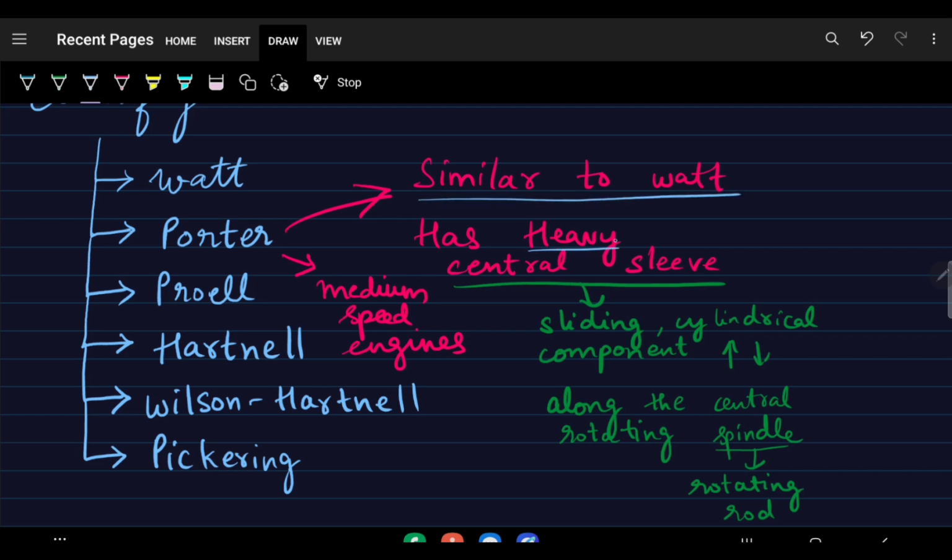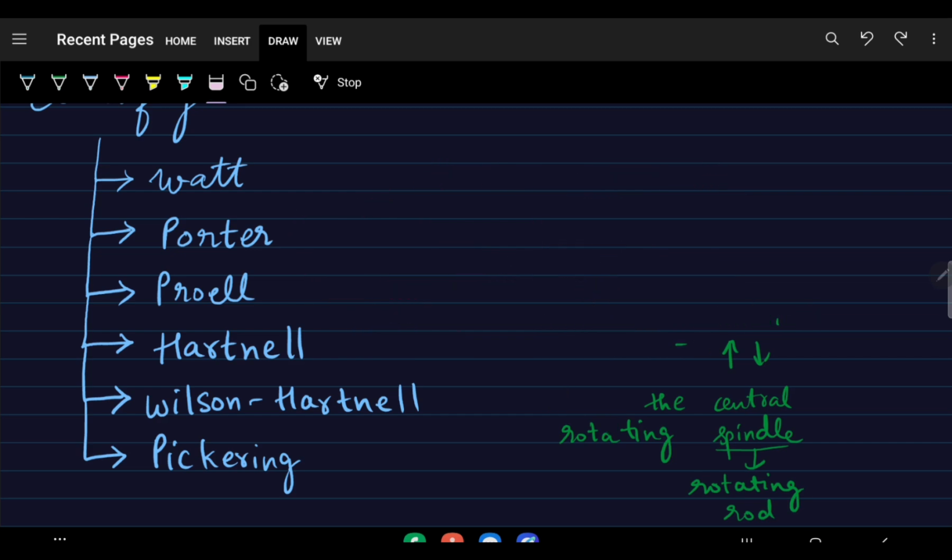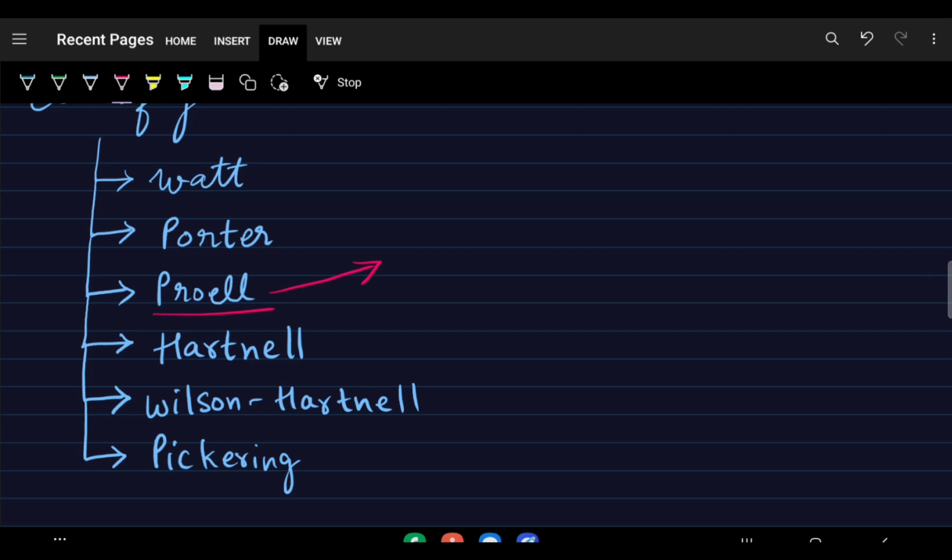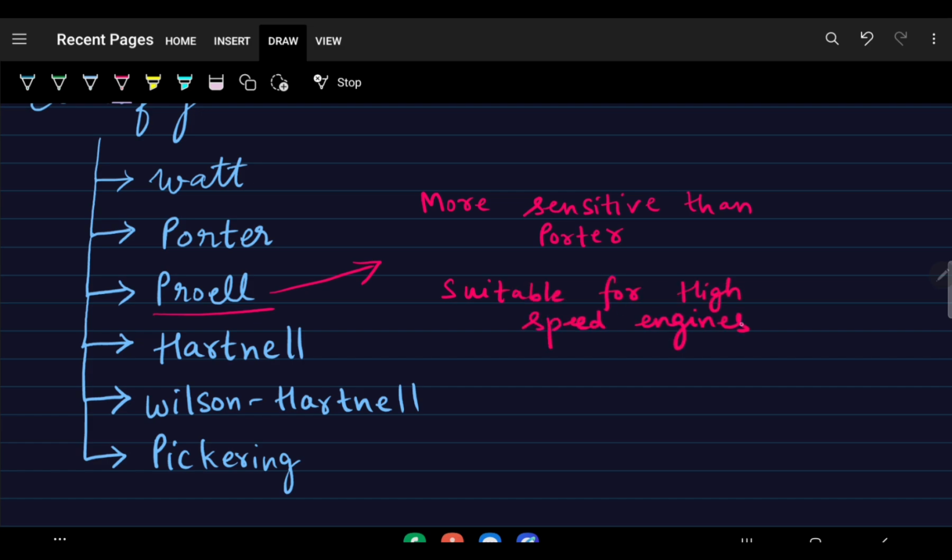Then coming on to the next type of governor, we have the Proell governor, which is more sensitive as compared to the Porter governor, and it is suitable for higher speed engines. So two points you need to remember are: it is more sensitive than the Porter governor, and it is suitable for higher speed engines.